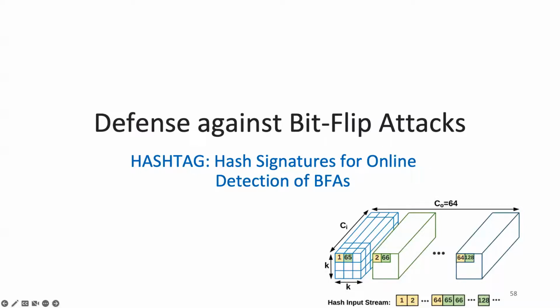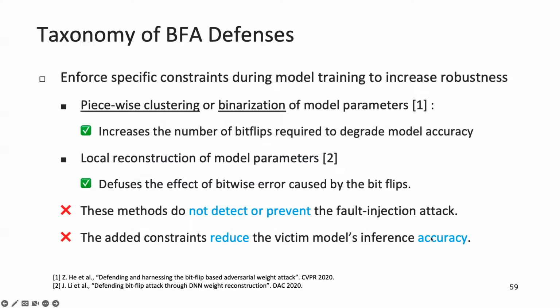So now I'll introduce the defense against the bit flip attack that I talked about earlier in the ProFlip framework. The basic idea of this defense is to design hash signatures for the model parameters for online detection of weight modifications. Here we first give a brief taxonomy of existing bit flip attack defenses.